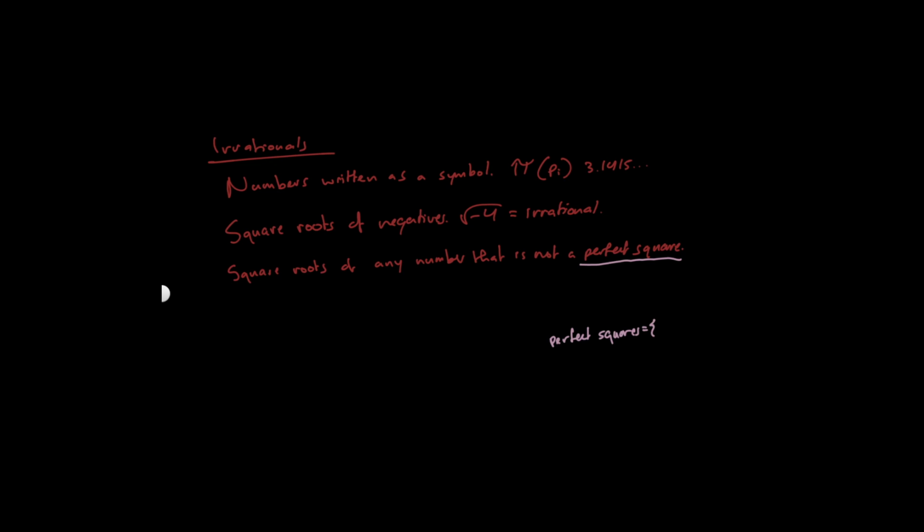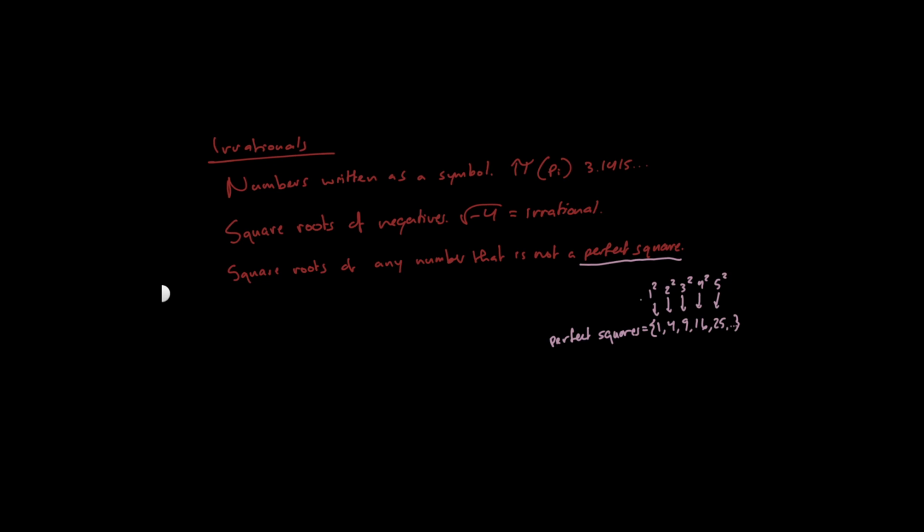It's stuff like 1, 4, 9, 16, 25, and so on. So if you're looking at a square root and it's not one of these numbers, then you know it's irrational. You know it's one of these numbers if this number is 1 squared, this one's 2 squared, 3 squared, and so on. You just use whole numbers and you square them, and that will give you perfect squares.